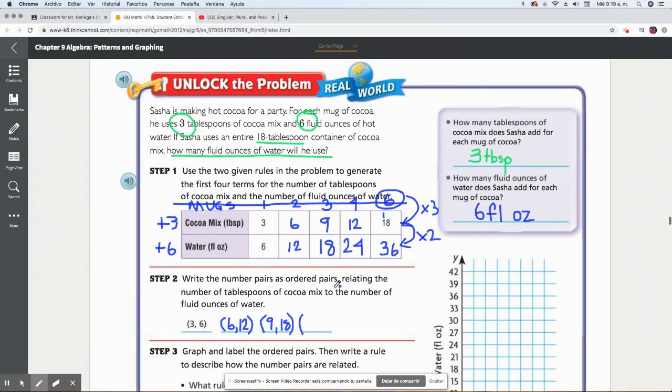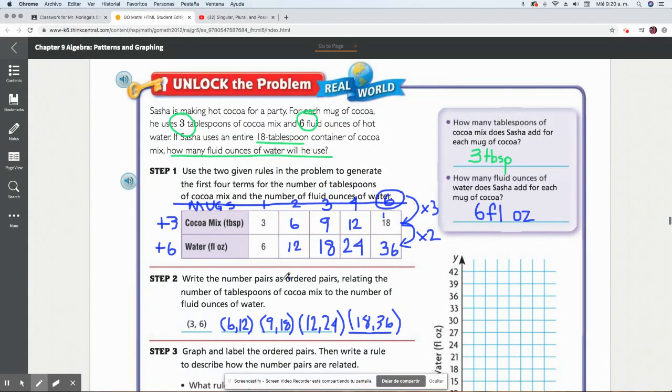I'm going to use the other one, which is 12, 24. I don't have another line for the other ordered pair, so I'm just going to draw the line right here, and I'm going to write 18, 36. So that's step number 2.